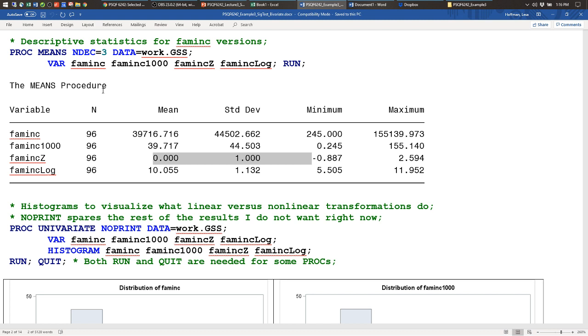Yeah, it's funny. If you don't write anything, this is what you get. If you decide you want to add some things, it only gives you those things. So you have to write all of this in your list. N, the word mean, this, and then these two words. It's either these words or min and max. I can't remember off the top of my head. Yeah, you gotta write all of it.